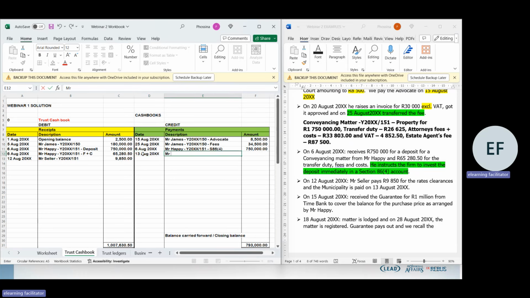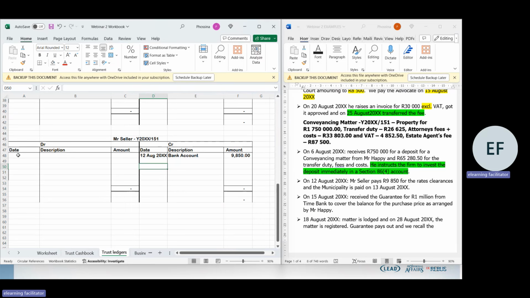This is now Mr. Seller, 20XX stroke 151. And then we are paying the municipality. How much are we paying? 9,850, like that. Okay, that is the first leg of the transaction.